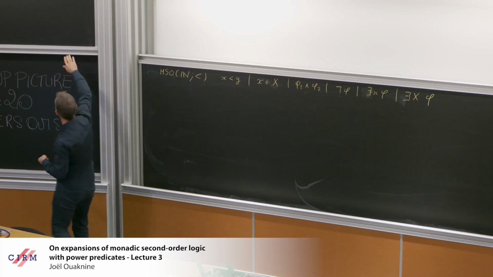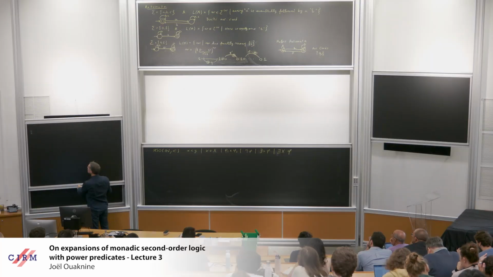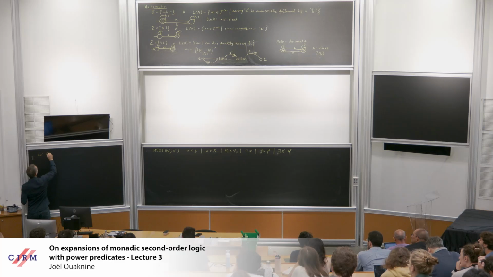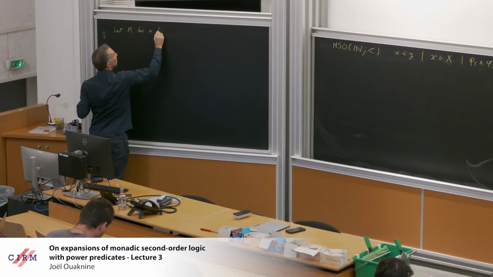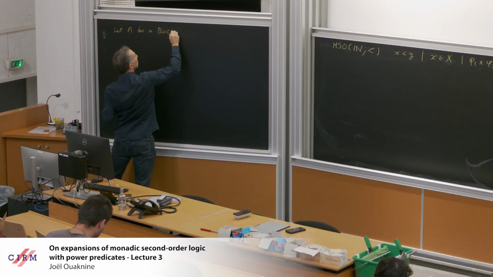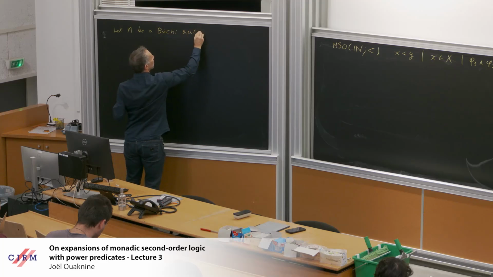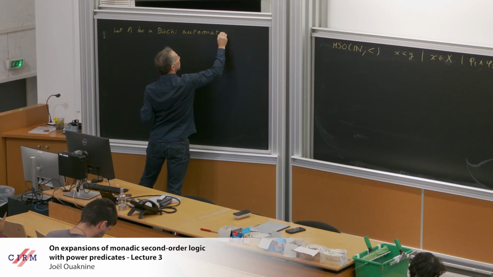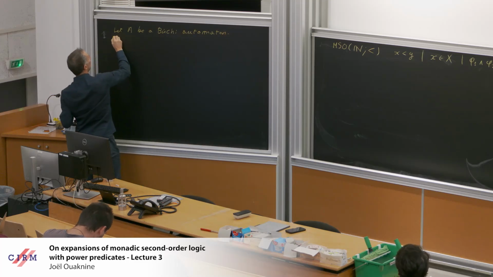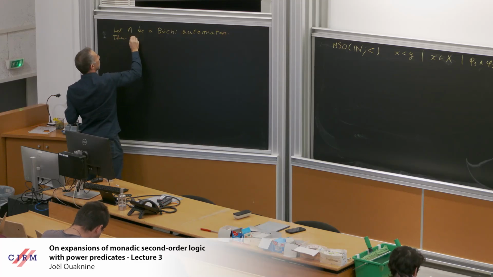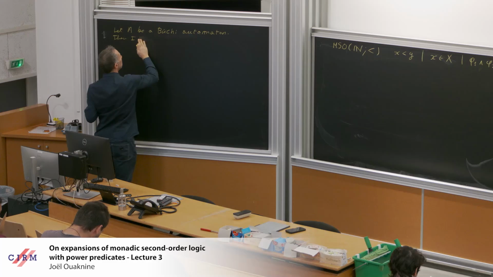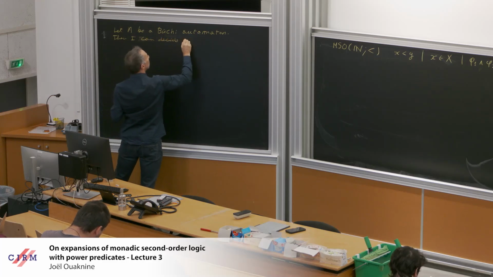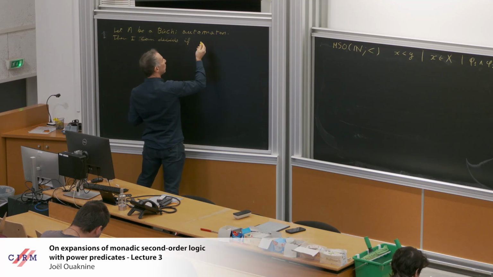Sorry, I forgot one last thing I forgot to say about automata, which I will need. Suppose I give you, let A be a Büchi automaton. Then I can decide if it accepts some words, if it's not empty.